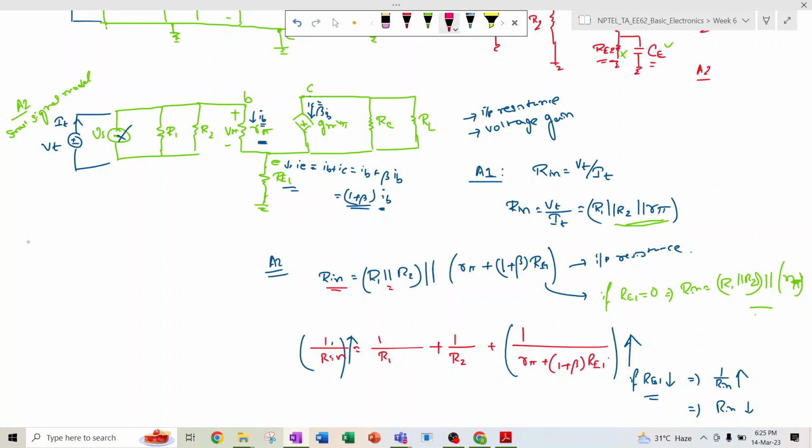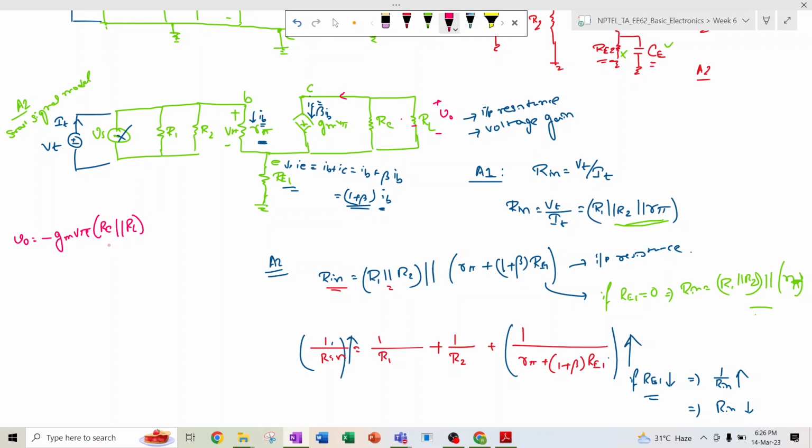If we denote this as VO, the output voltage, then VO is nothing but GM V pi flowing from this side. RC is parallel with RL, so here it will be minus GM V pi times RC parallel RL, because RC and RL are in parallel.